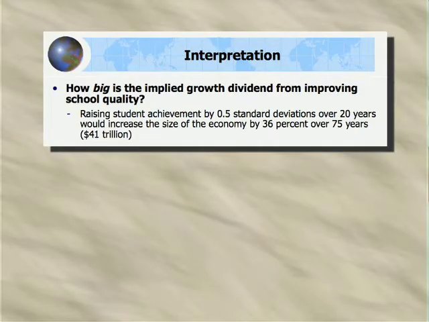One way to think about it is just to ask, how big is the implied growth dividend from improving school quality? Based on their results, how much of a boost to the economy would it be to make some progress in this dimension?